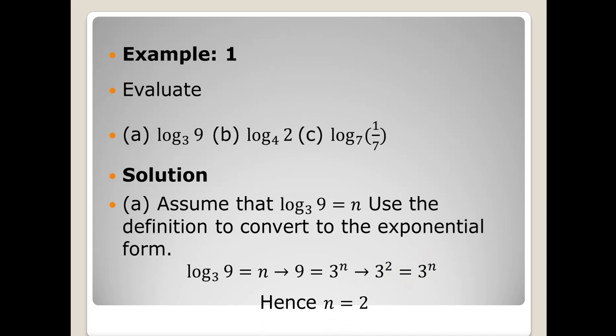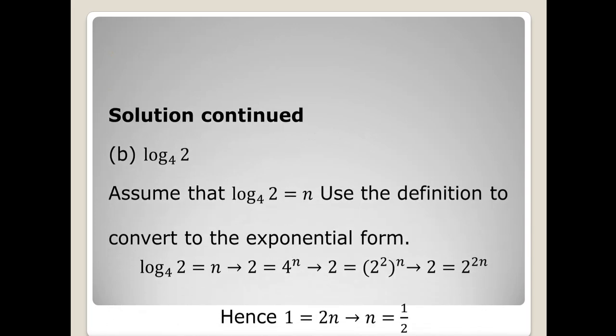This is the way we find the value of n. Don't forget that n is log 9 to base 3. So the value of log 9 to base 3 is 2, and you can try using your calculator, you will get the answer as 2.